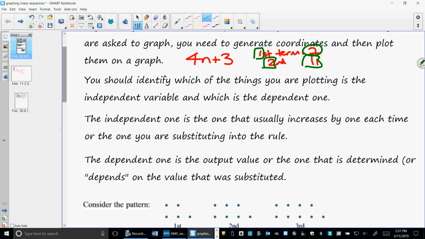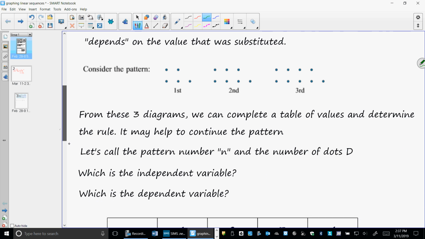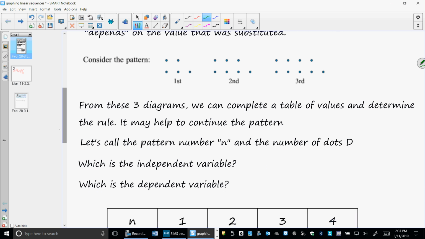The dependent one is the one that changes a little bit more. So our dependent variable is the output value, the one that is determined or depends on the value that was substituted. Okay? Right. We're going with this as a pattern. All right? So this is more of an application-type question.